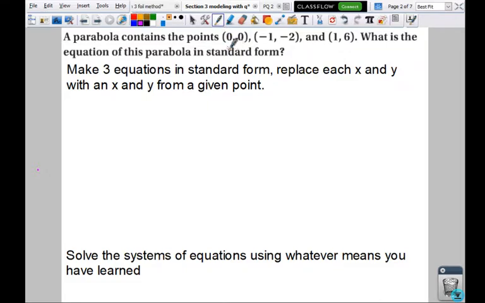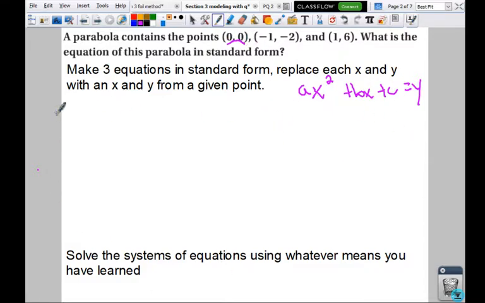So my first one is (0, 0) right here. I'm going to take my standard form equation, which is ax squared plus bx plus c equals y, and I'm going to plug them in. I'm going to plug in my x and y into this x and y here.